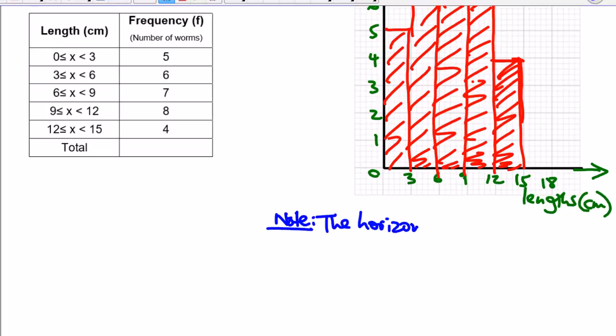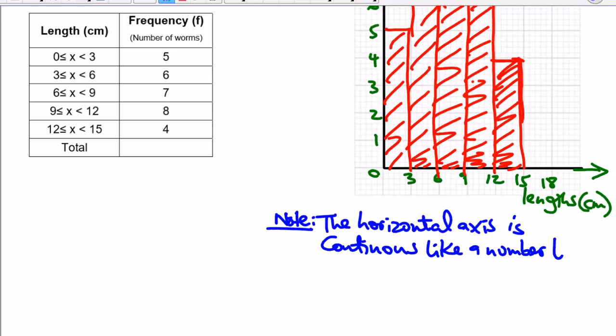The horizontal axis is continuous like a number line. Remember, this is because what you're representing here is continuous data. That's why the horizontal axis is continuous like a number line.